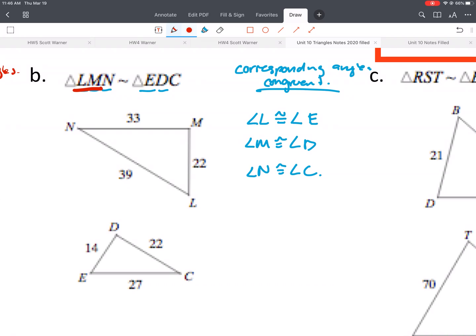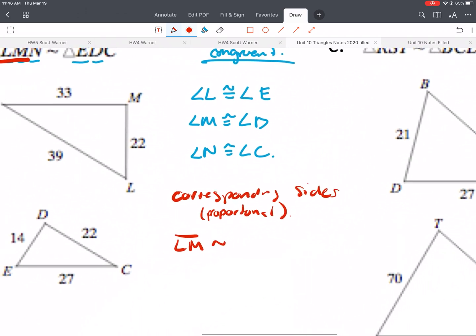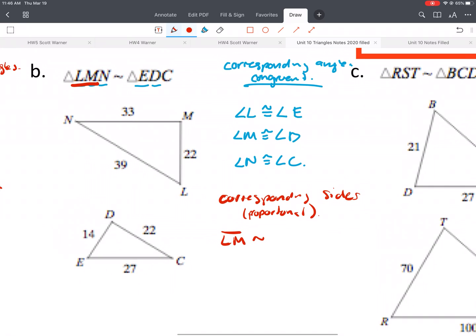So for corresponding sides, and these are proportional: LM is proportional, or similar, to ED.